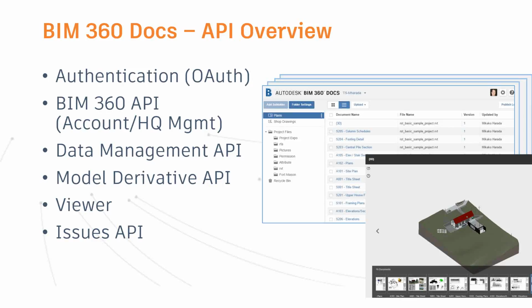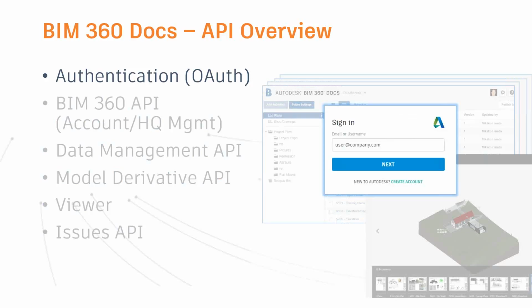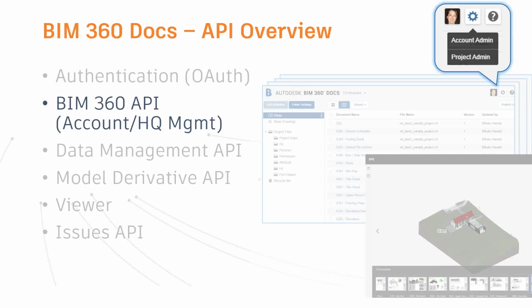For instance, authentication or OAuth is used to sign in or to get the credentials of users or applications. And the BIM 360 API, which is specific to BIM 360, manages accounts. It is used to create a project and get information about the project or accounts, and also about the members, the people in the project.